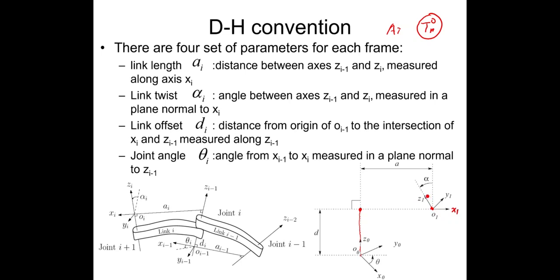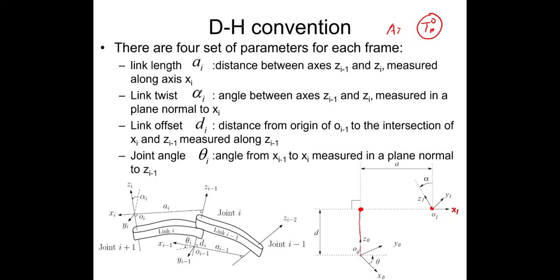So if we count where it is, it is here on the x1 axis. It means that our Ai is z0 to z1 on the x1 axis, so that is our A. Okay, so which is this distance, A.